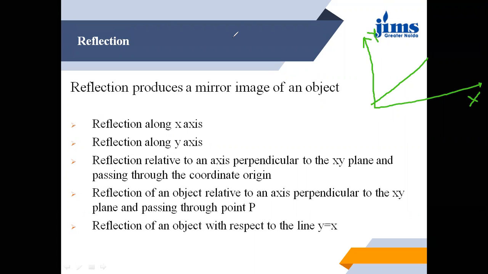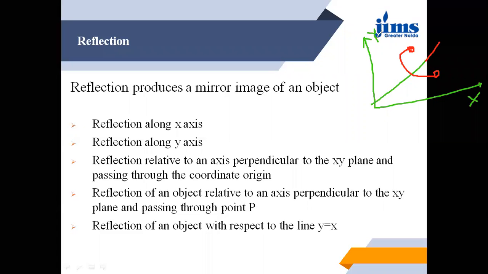I have to reflect this object corresponding to this line. So it will be over here when it is reflected with respect to this line.